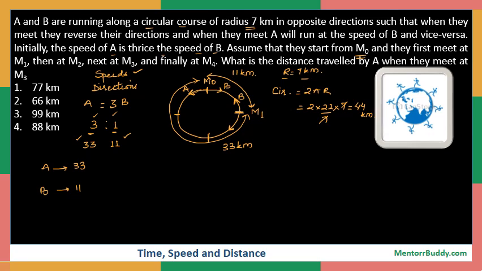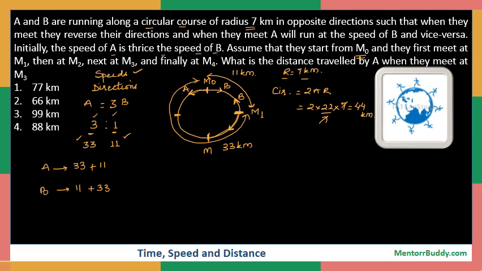Therefore, next time B will travel with the 3 times speed, and thus B will cover 3 times the distance and A will cover one part of the distance. So when they reach and return back, B will cover 3 segments, that is 1, 2 and 3, and A will cover only one segment.